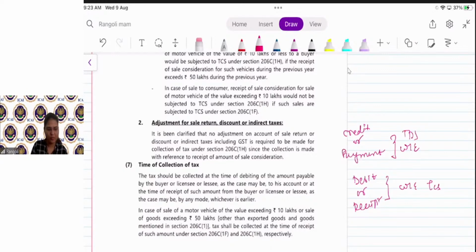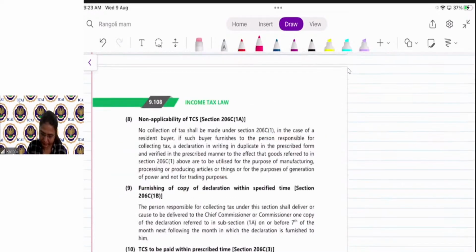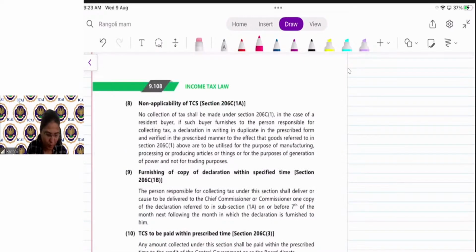No, Krishna, it is 0.1% from the start. It is 0.1% from the date on which the section is inserted.